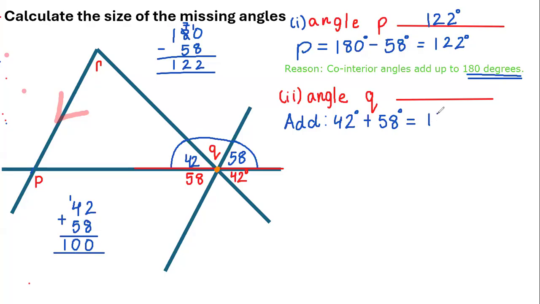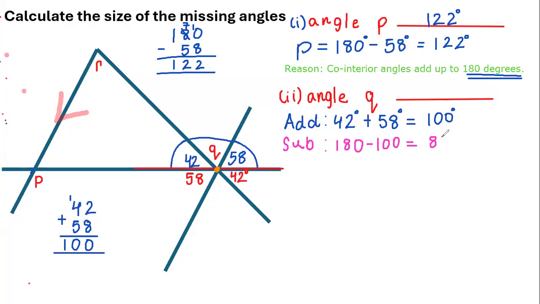But is that the answer for Q? No, it isn't. You have to take 100 from 180. We have to subtract, right? The answer is 80 degrees. Who said that? Amaya. Okay, so subtract: 180 degrees minus 100 degrees gives us 80 degrees.